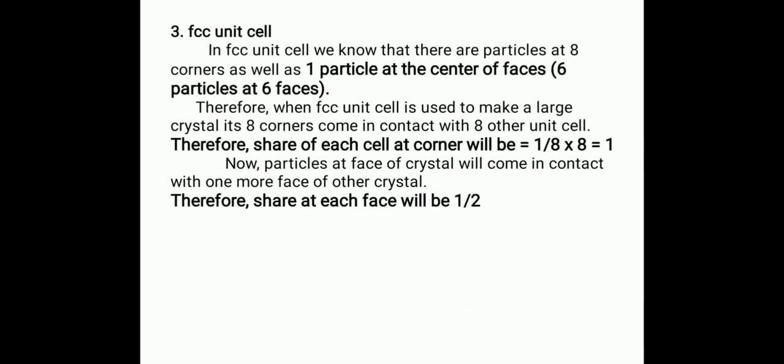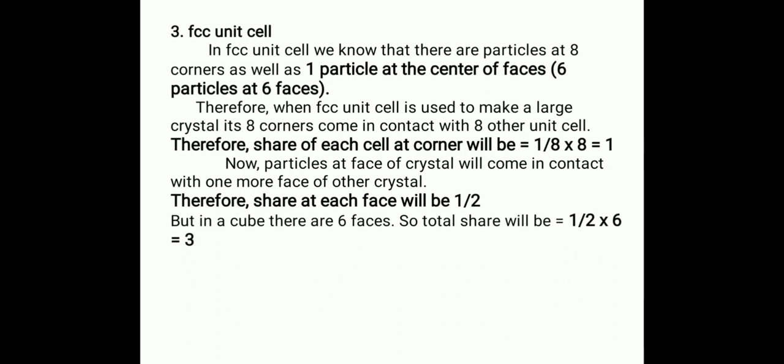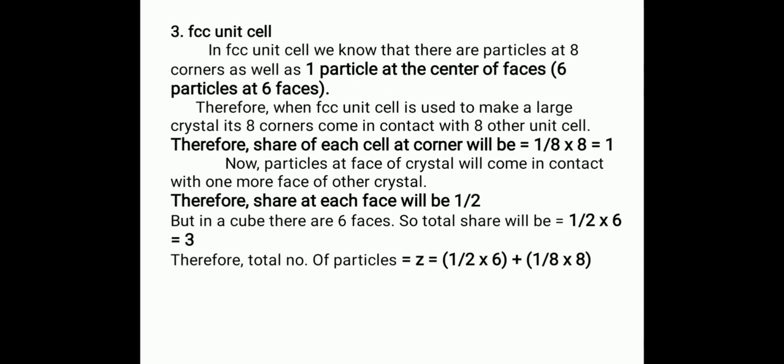You will find that one face of the cube will come in contact with another face. So the share of each face will be equal to half. But there are a total of 6 faces, so half of 6 will be equal to 3. Therefore total number of particles will be equal to 1/8 into 8, which is coming from the corners, and half into 6, which is coming from the faces. So we get total number of particles equal to 3 plus 1, which is equal to 4. And coordination number in FCC is equal to 12.